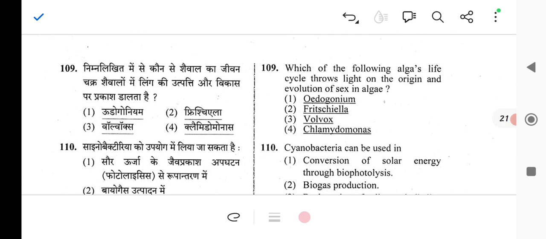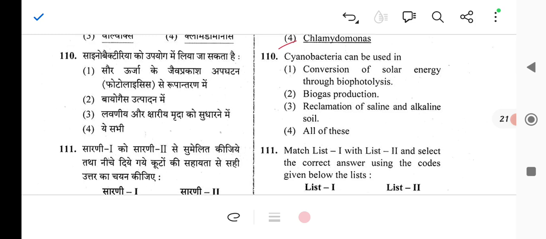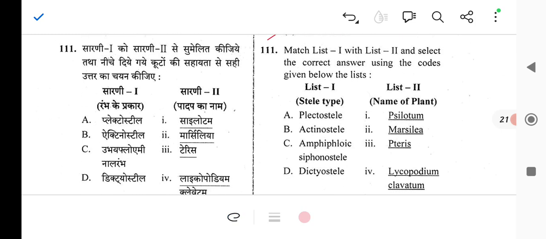Next is which of the following alga's life cycle throws light on the origin and evolution of sex in alga? It is Chlamydomonas. Next, cyanobacteria can be used for conversion of solar energy through photolysis, true. Biogas production, true. Reclamation of saline and alkaline soil, true. So all are correct.